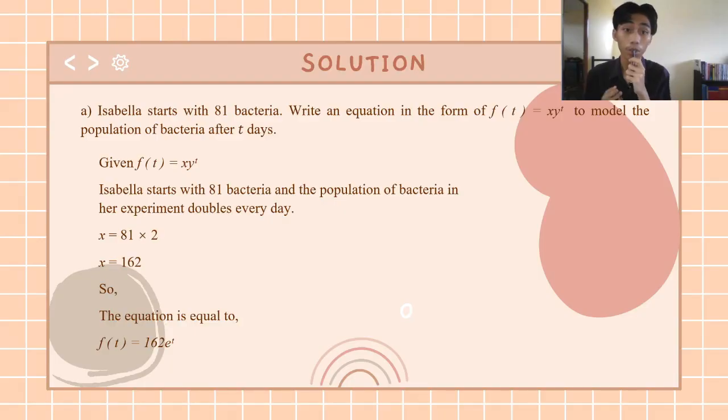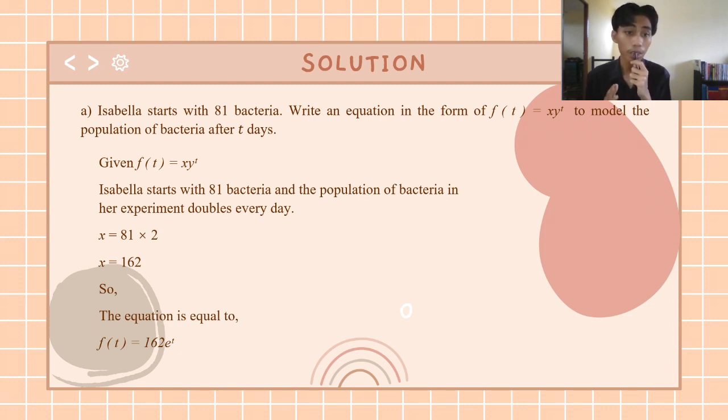For the solution of question 5a, the question is: Isabella starts with 81 bacteria. Write an equation in the form of f(t) equals x y to the power of t to model the population of bacteria after t days. We are given f(t) equals x y to the power of t.